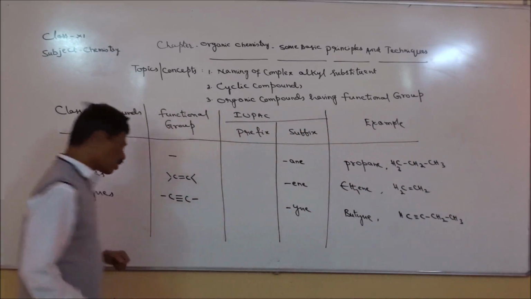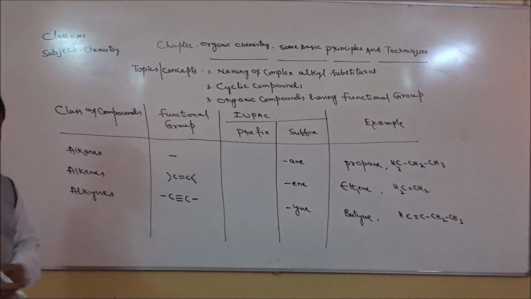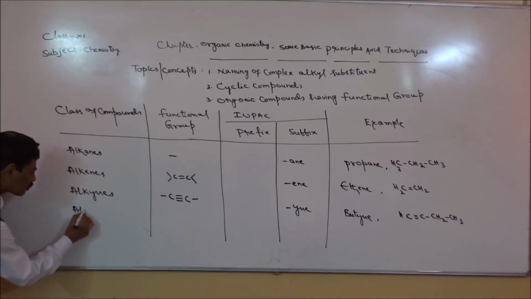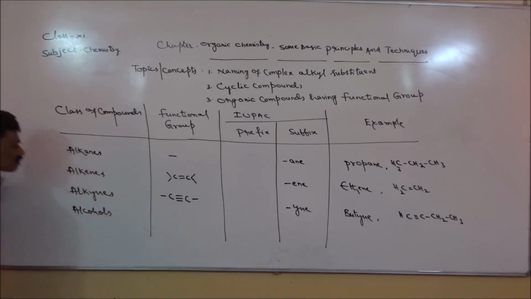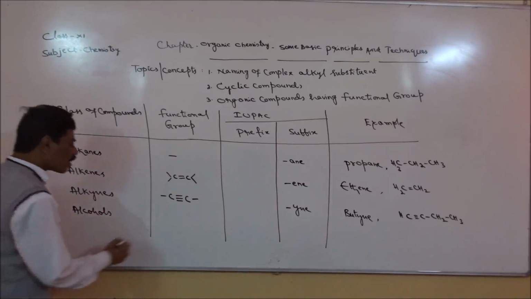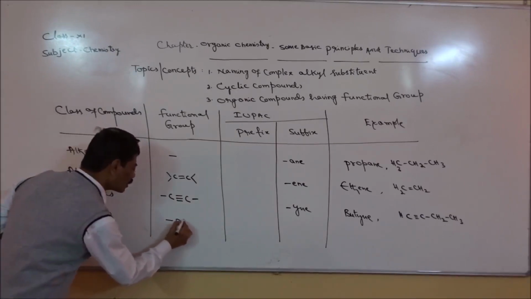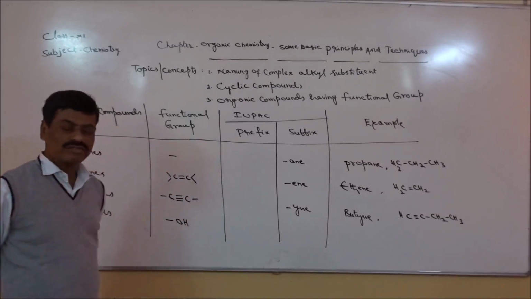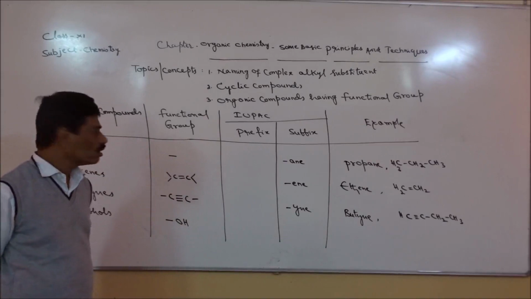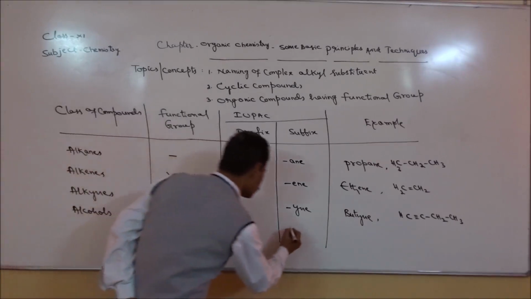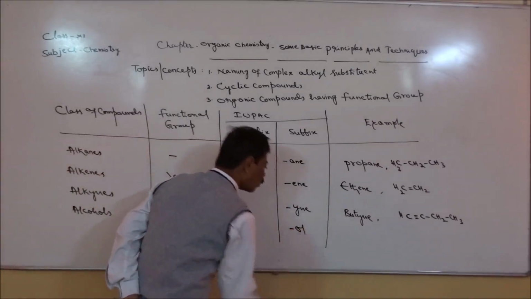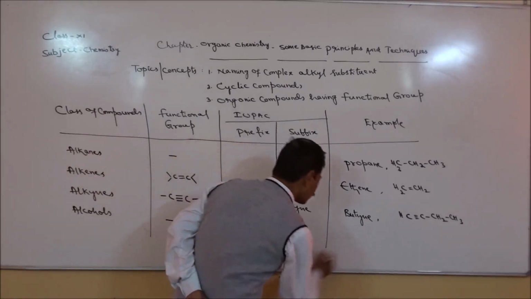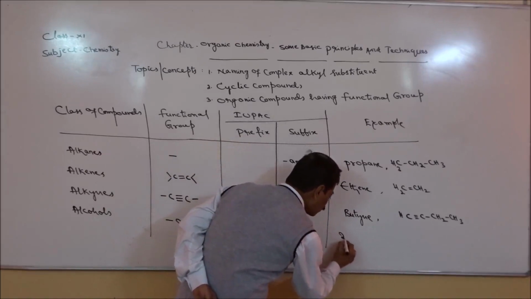Right? Now we'll move to the other class of compound, that is alcohols. The functional group of alcohol is OH, and the alcohol's name ends with ol, so the suffix is ol. And the best example for this compound is 2-propanol.